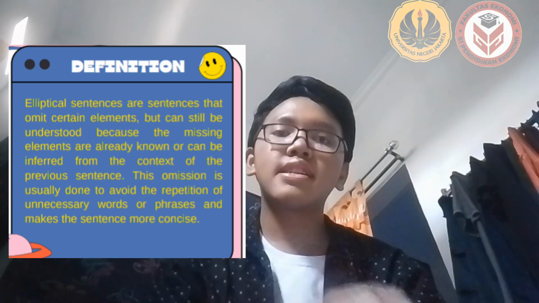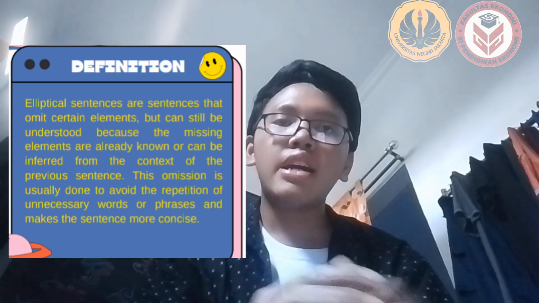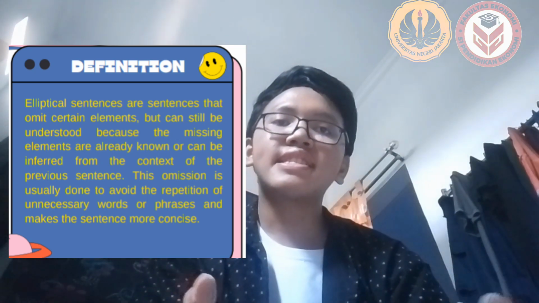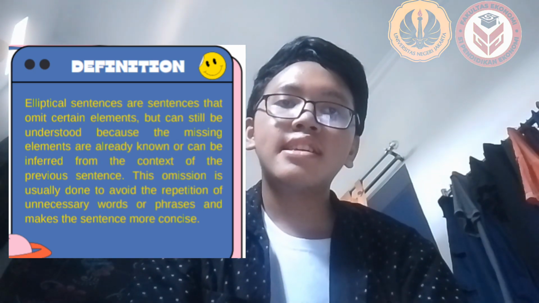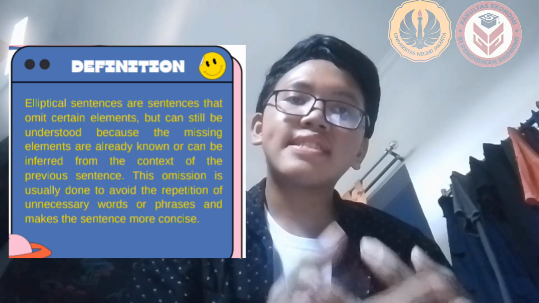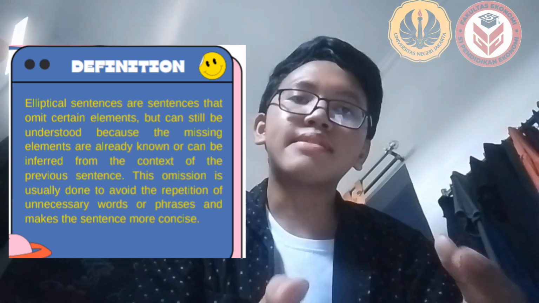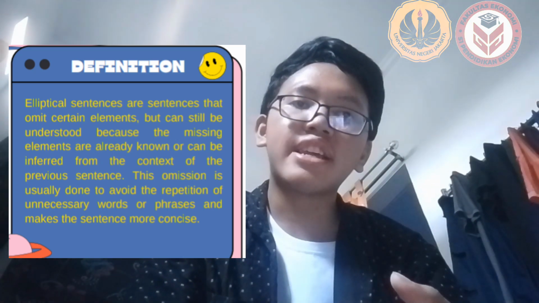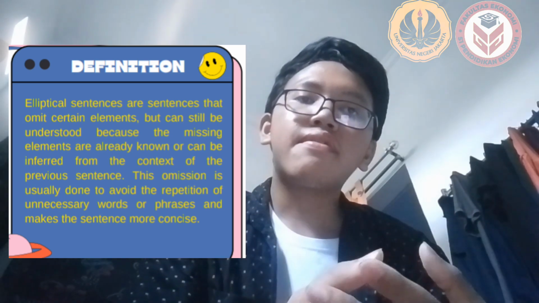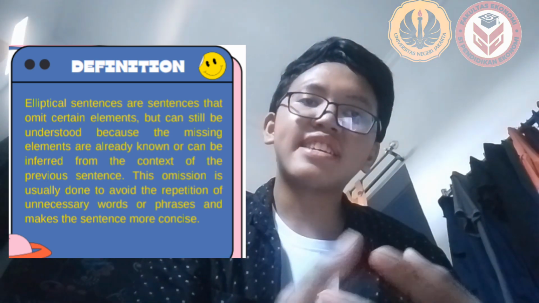Next. Elliptical sentence. Elliptical sentences are sentences that omit certain elements but can still be understood because the missing elements are already known or can be inferred from the context of the previous sentence.